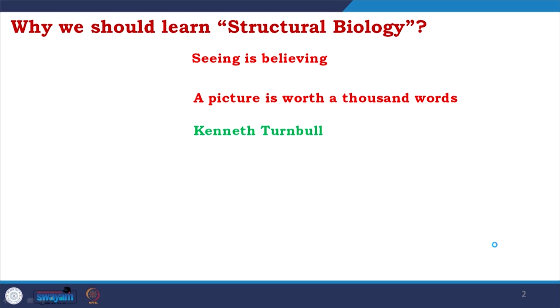Today I am going to talk about visualization. But interestingly, when I started, I talked about picture visualization. Now, it is not limited to pictures. Through the course, I have shown a lot of movies.